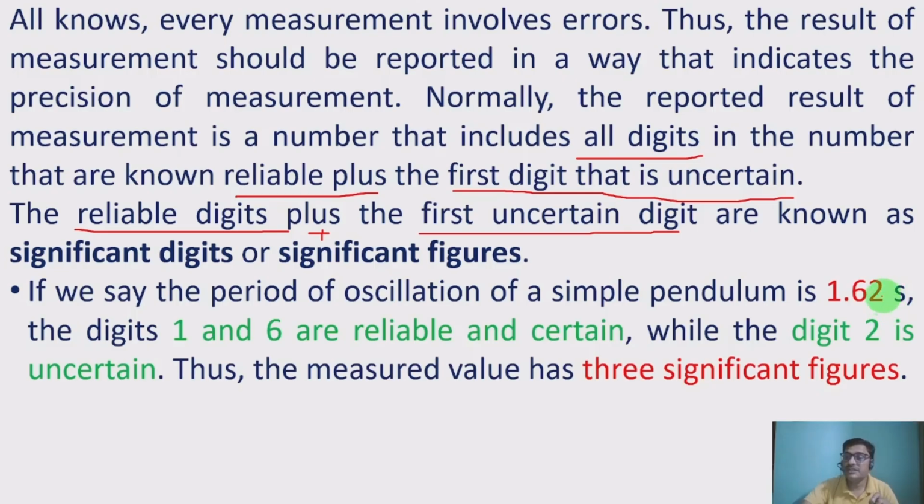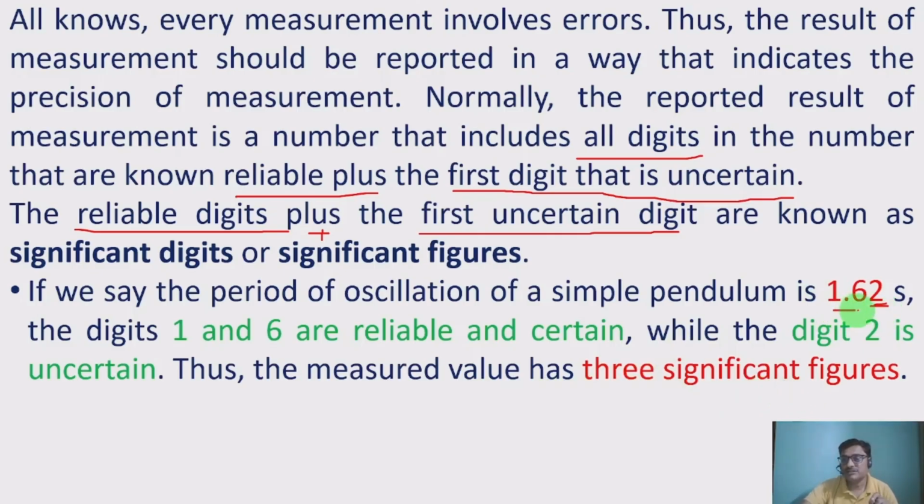That means it may be 1.619 or the like; it may be rounded up, or it may have some other values behind it, and that's why it is uncertain. It may not be certain or reliable. Thus the measured value has three significant figures.